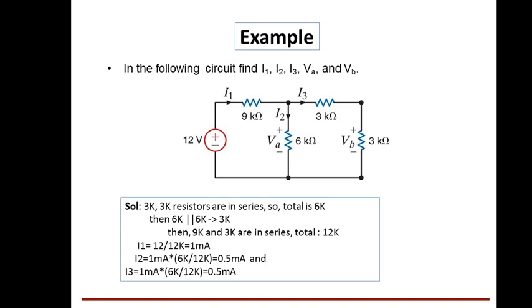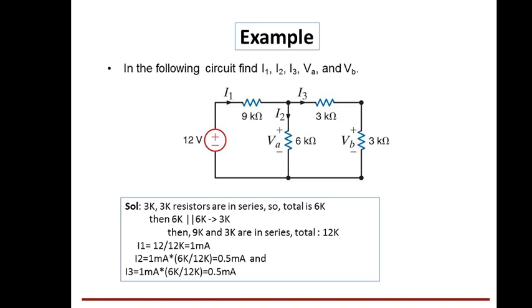Both are connected in series, right? 3 plus 3 is 6, 6 plus 6 is 12. So 1 milliamp into 6 by 12. How much will it be? All are the same units only. So 6 by 12 means 1 by 2 into 1 milliamp, that is 0.5 milliamperes.